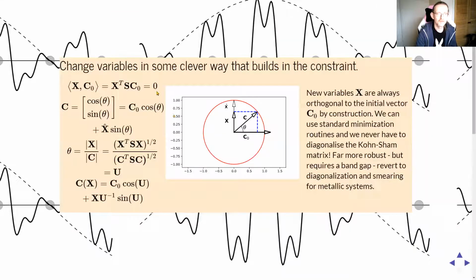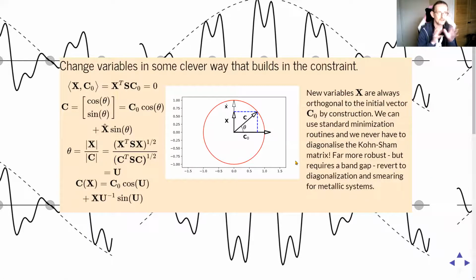What you carry out is a minimization. Essentially, you've got an initial density matrix, and there's a thing that you're optimizing, which is always orthogonal, in the metric of the overlap matrix, to that original thing. You calculate a new density matrix that has the correct properties with these constraints built in.